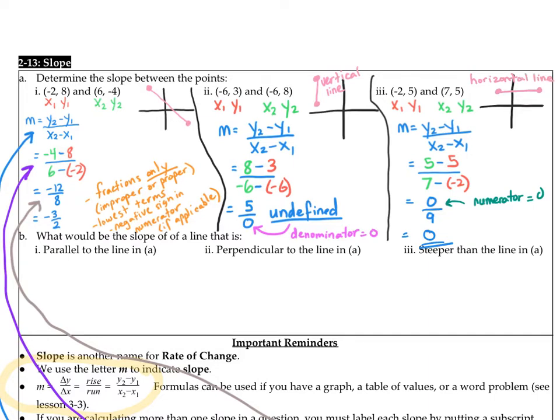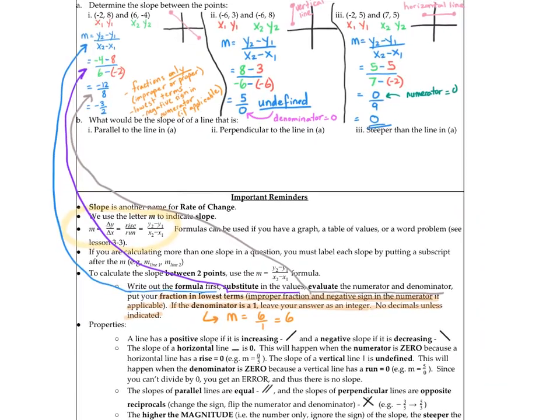So a horizontal line would have a slope of 0, and it means that the rise is equal to 0, and that's in the numerator, and it makes the slope 0. A vertical line means there is no run, so the denominator is 0, and you can't divide by 0, so that means the slope is undefined. So those are important to know because a lot of people get those mixed up.